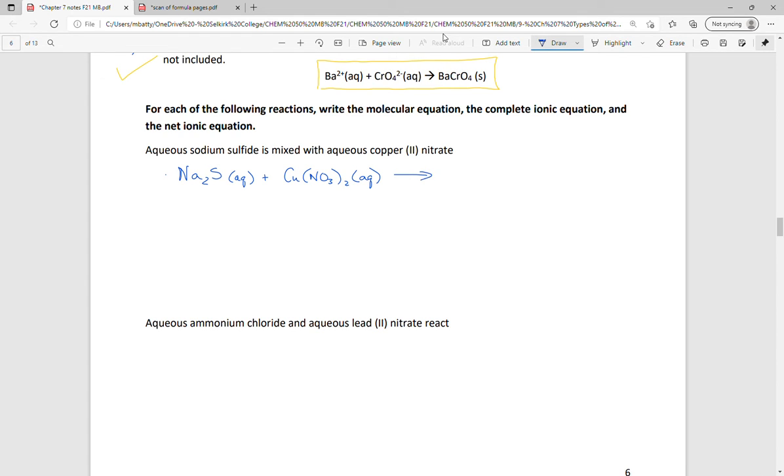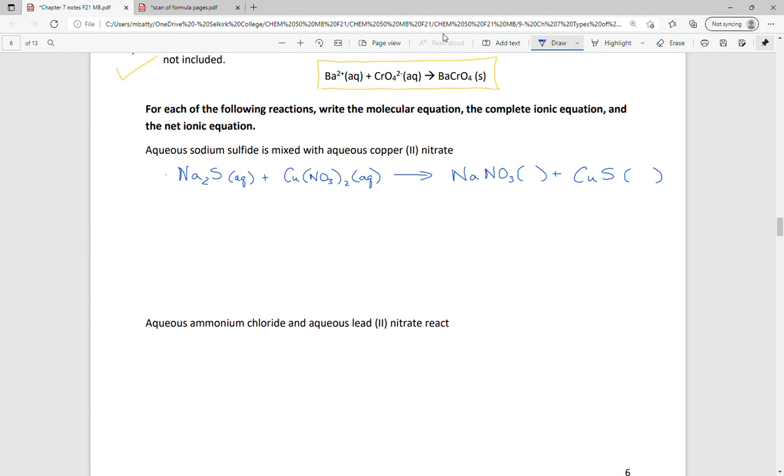We're going to practice the double displacement pattern to complete our molecular equation. So sodium and nitrate are going to bond together. I'll take a look at my solubilities chart to determine the state of that. And then the copper(II) ion is going to bond with the sulfur anion. If I look at the combining capacities here, I should be fine on the formulas.